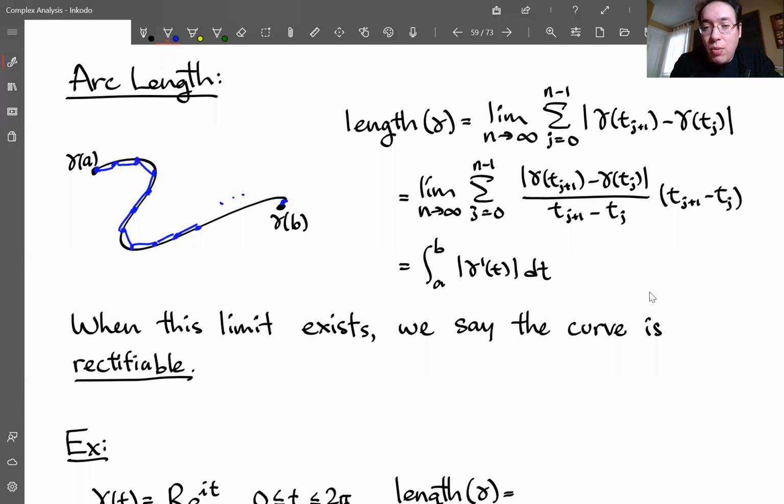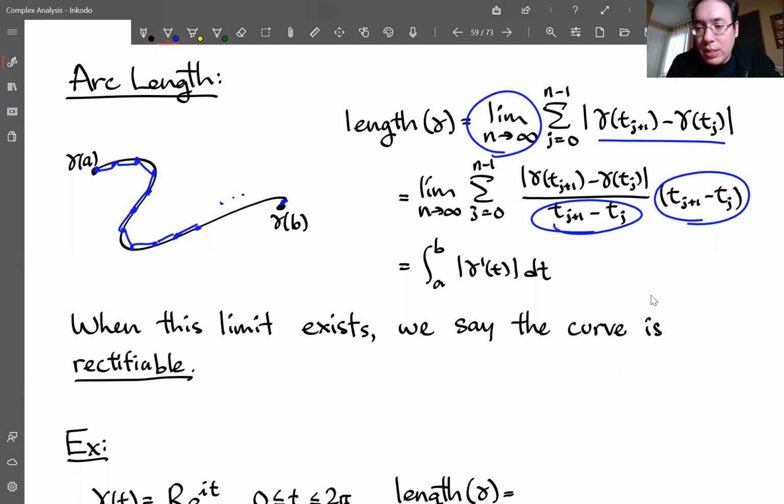So what would that look like? We want to take the limit, where n is the number of intermediate points we want to use, and compute the magnitude of the difference of the intermediate points. Now, if we do that, we can multiply top and bottom by the difference of the time parameter for the curve that corresponds to those intermediate points.